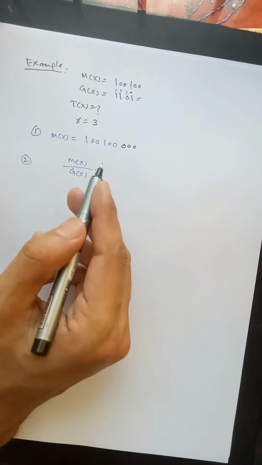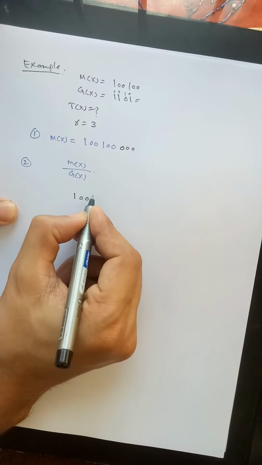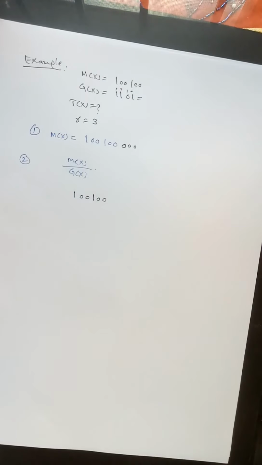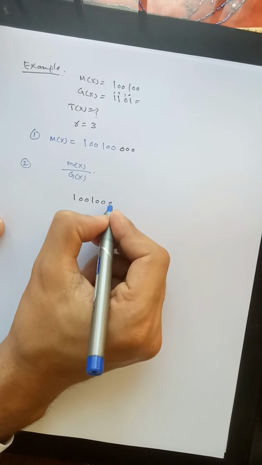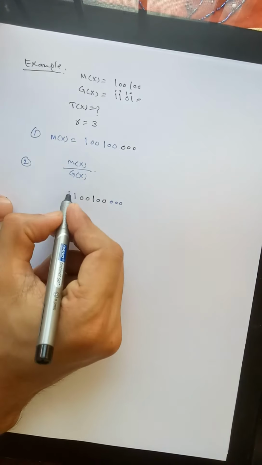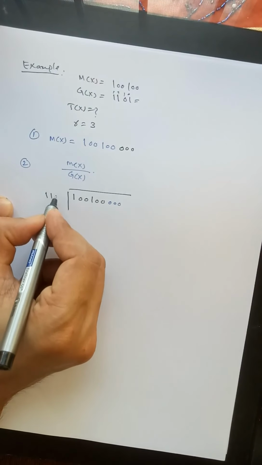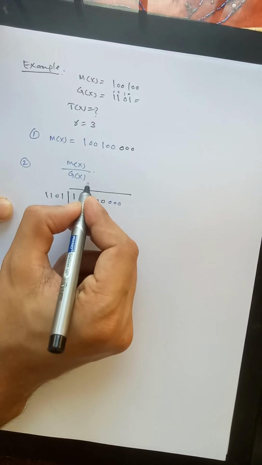We know M of X is 1, 0, 0, 1, 0, 0, and 3 bits are added, so you can write 3 bits and then divide this by G of X, and G of X is 1, 1, 0, 1. So you can use 1.